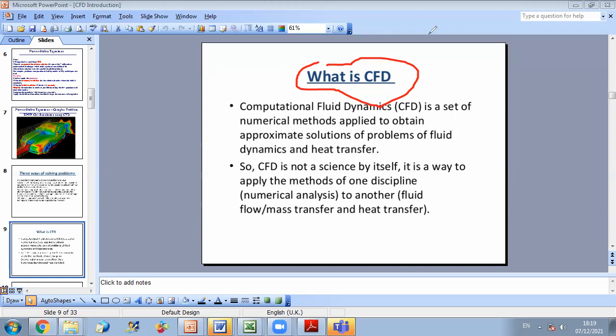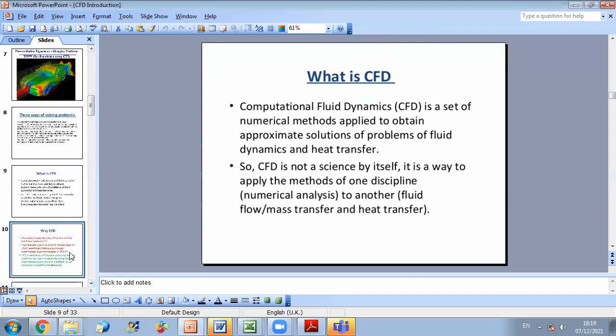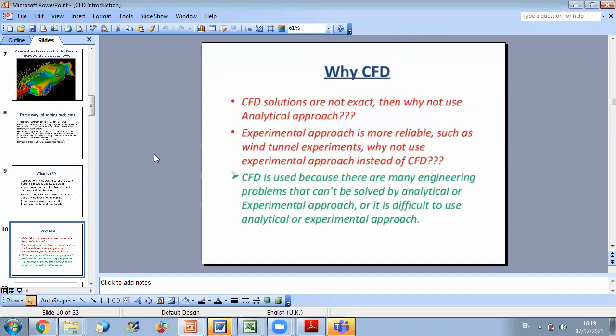Okay. Now, why do we use CFD? So already we have said that CFD solutions are not exact. So why not use the analytical approach? We already mentioned that we do not have an analytical solution for all problems we encounter. This will force us to go to other techniques, numerical or experimental.